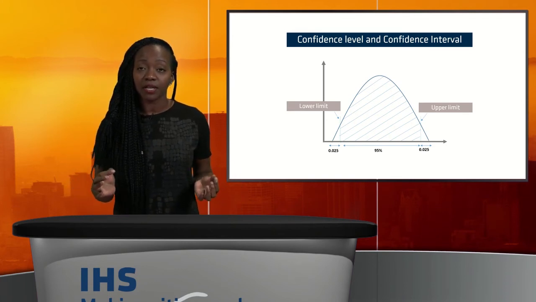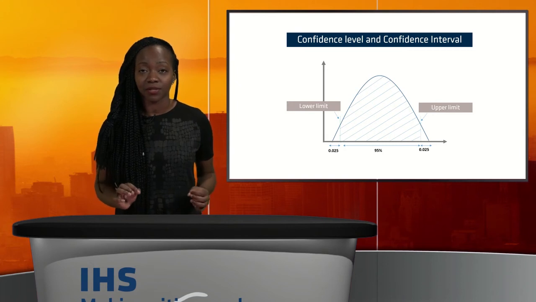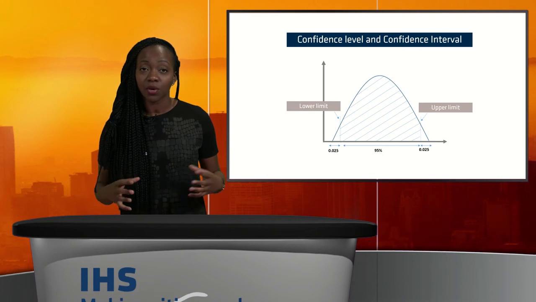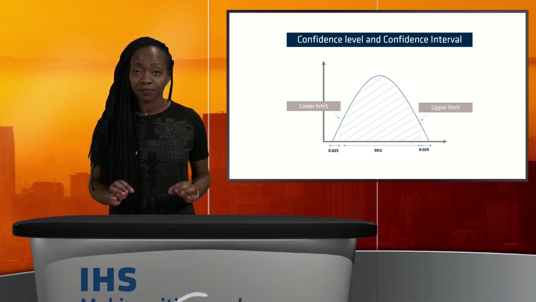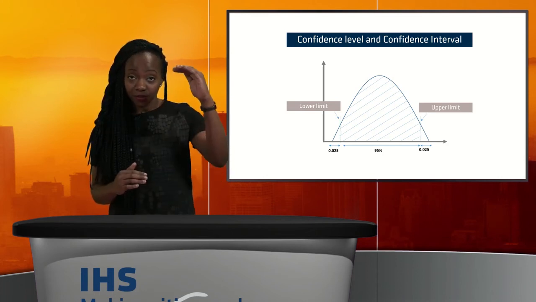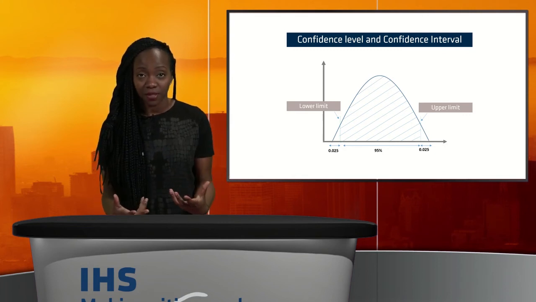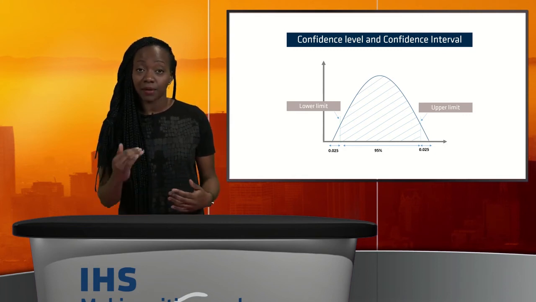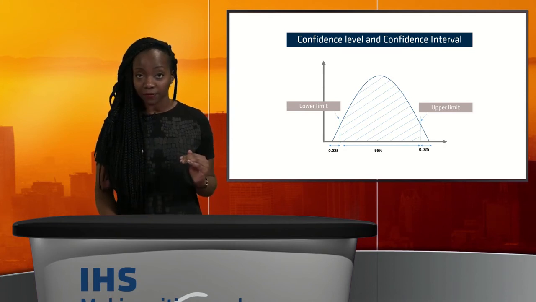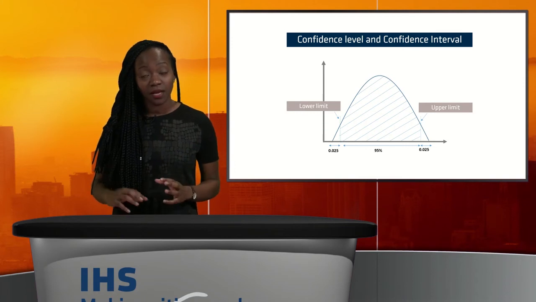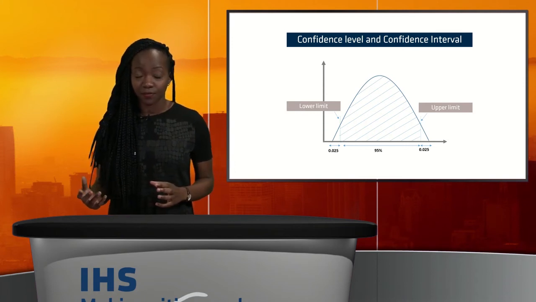This is also commonly referred to as p-values, and it measures how compatible your data is with the null hypothesis. Anything above 0.05 would mean that we accept the null hypothesis, and anything below 0.05 would mean that we reject the null hypothesis and accept its alternative.